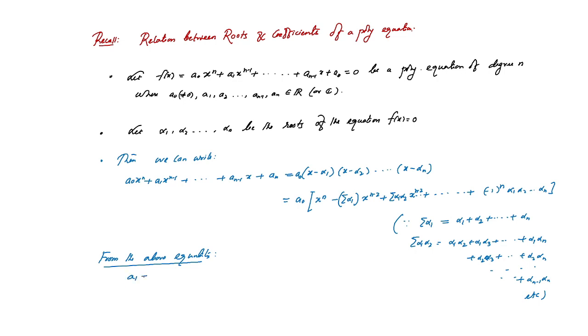We will get a1 equals a0 times minus summation alpha 1, a2 equals a0 summation alpha 1 alpha 2, a3 equals a0 times minus summation alpha 1 alpha 2 alpha 3, and so on. The last element will be a n equals a0 times (minus 1) whole to the power n alpha 1 alpha 2 up to alpha n.